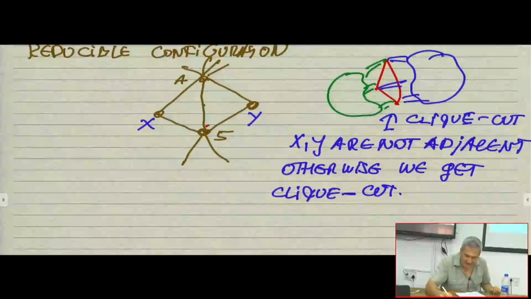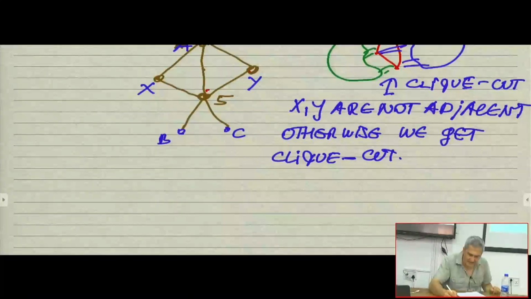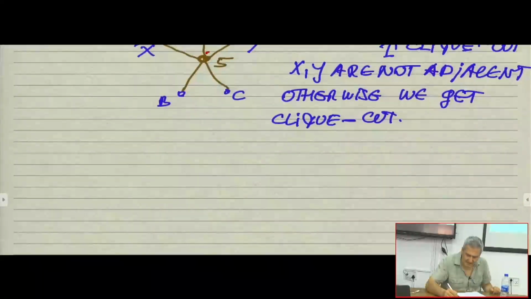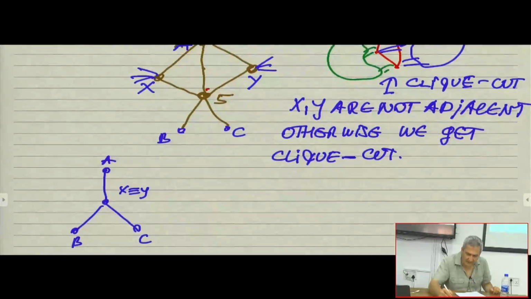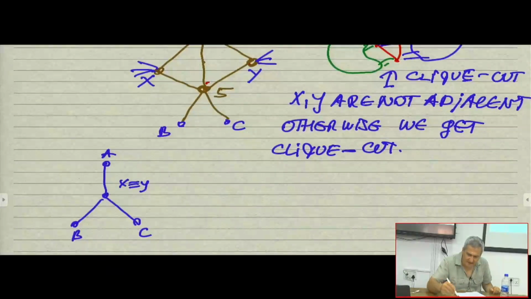I will do like this. Let's say this is vertex A, with other colors B, C. I will do like this. And here's some maybe. So I will get like this. I identify X and Y. Here is A, here is B, here is C. And I'm going to have some edges here and there.